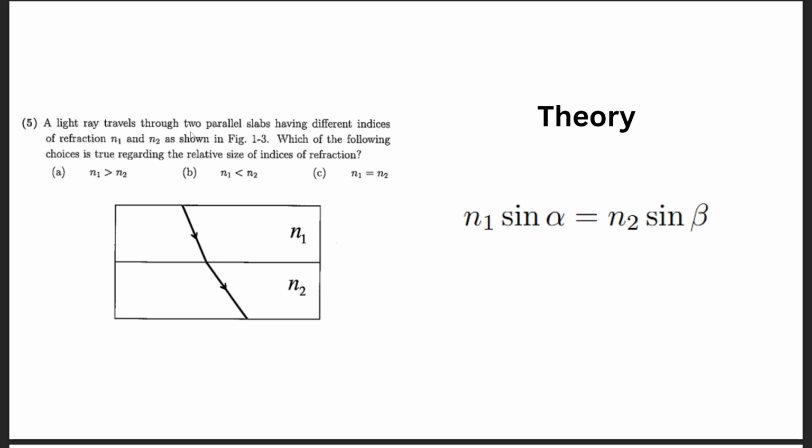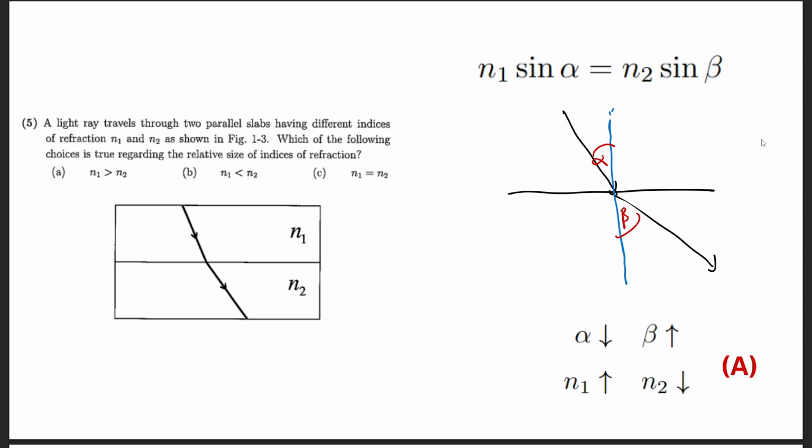The theory that you have to know is Snell's law, which says the refraction index n1 times the sine of the angle alpha, measured from the normal to the horizontal line, is equal to n2 times sine beta.